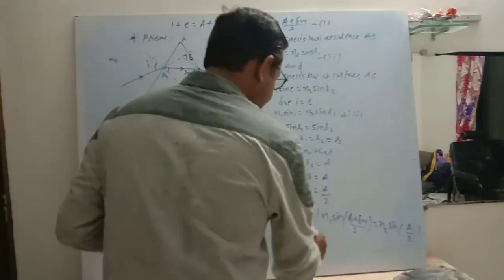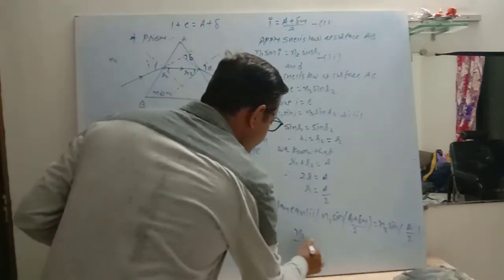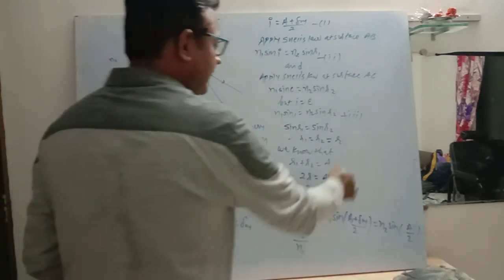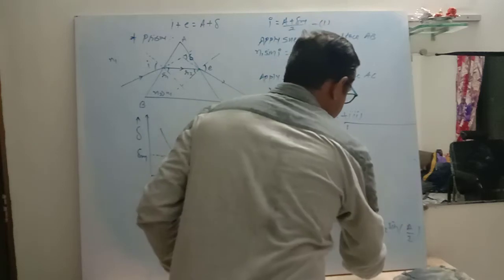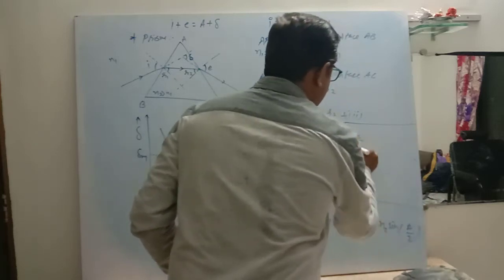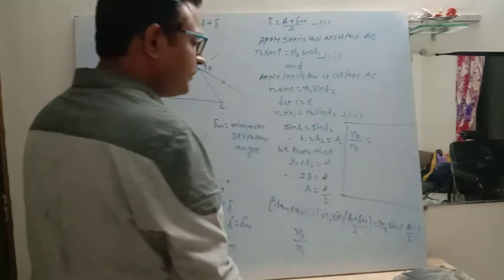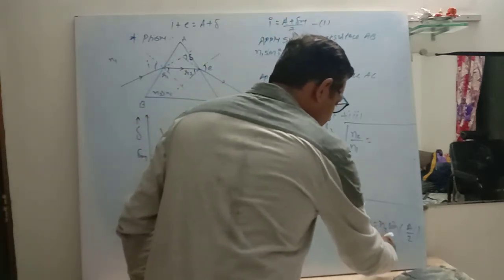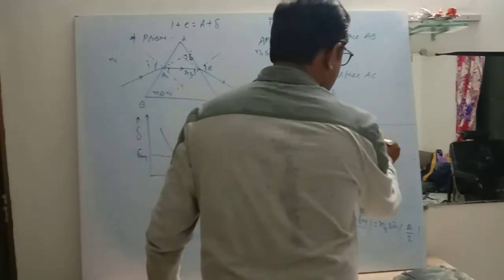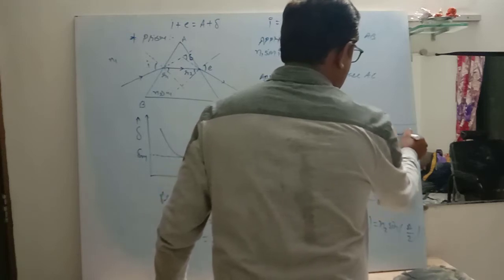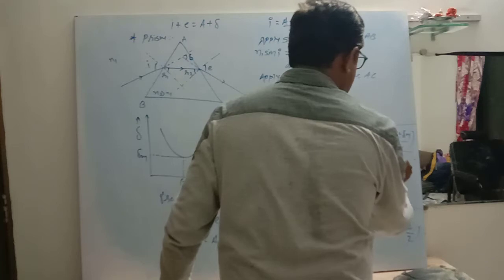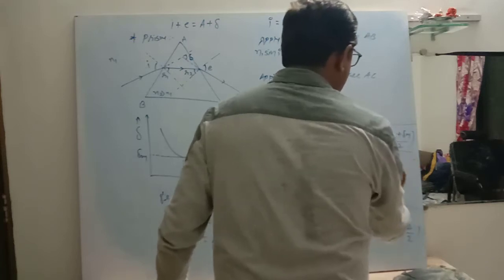That's why, if we want to write eta 2 upon eta 1, then eta 2 upon eta 1 is equal to, अब eta 2 upon eta 1 तो ये आएगा, डिनोमिनेटर में sin A plus delta m by 2 upon sin A by 2.